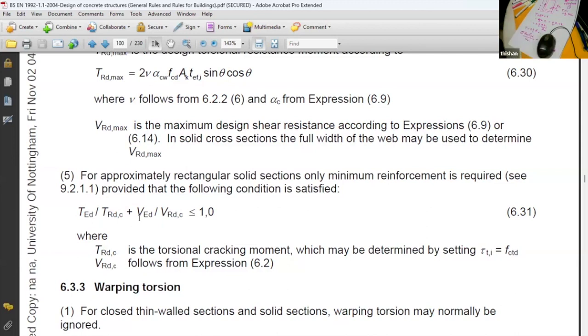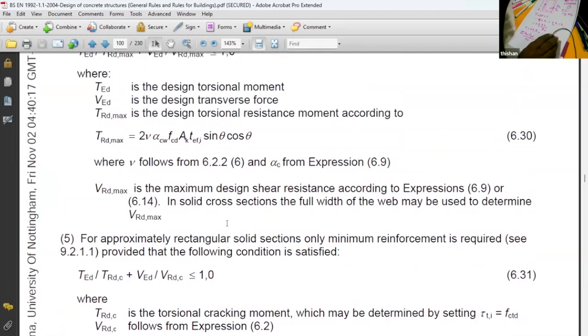So you don't need special treatment for torsion. And our usual practice is we don't worry about torsion. We simply worry only about direct shear, not torsional shear.